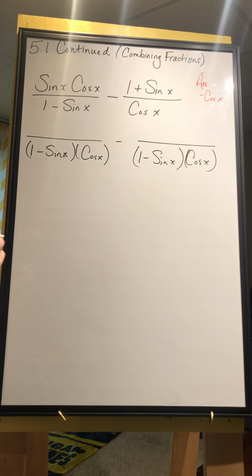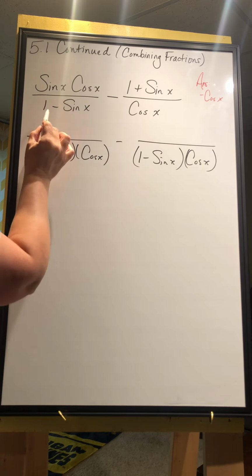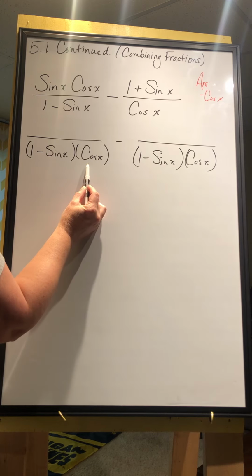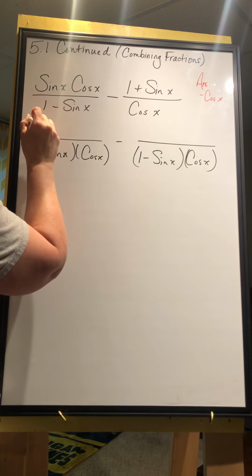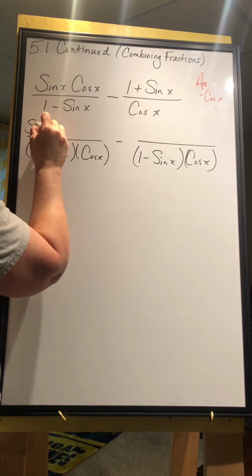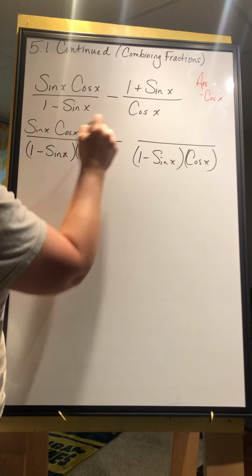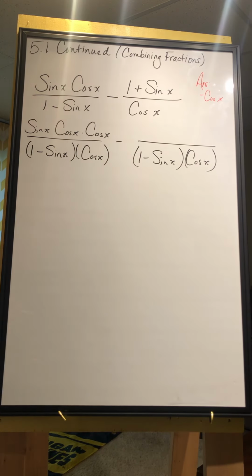Whatever you do to the denominator, you also have to do to the numerator. So this denominator was missing this cosine x. That means I have to multiply the numerator by cosine x as well. So this is sine x cosine x times another cosine x. And that's just to get a common denominator here.